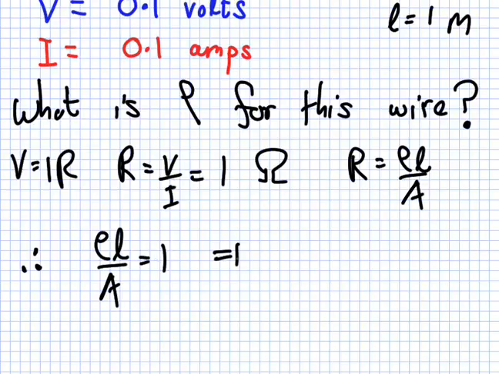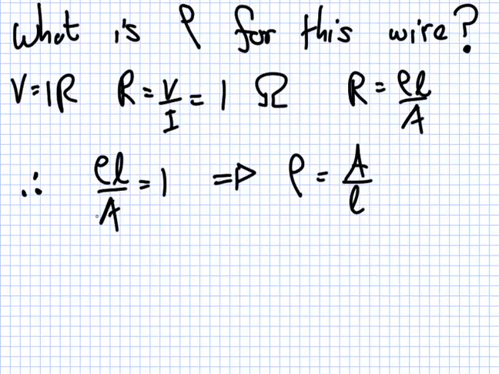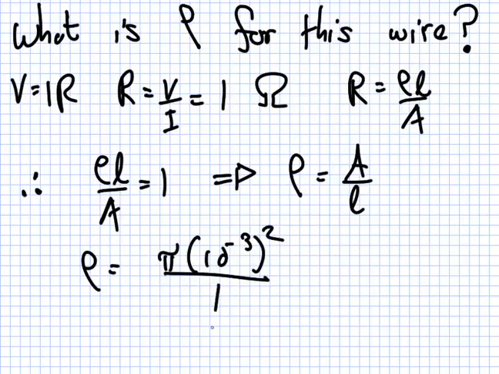So then that means your constant is equal to A over L. So the constant here would be pi r squared over the length. So that would be 3.14 micro ohm meters. You got that also? Yeah?